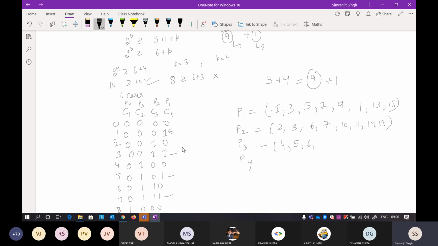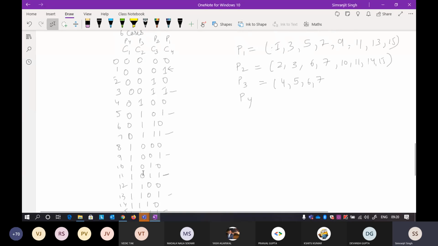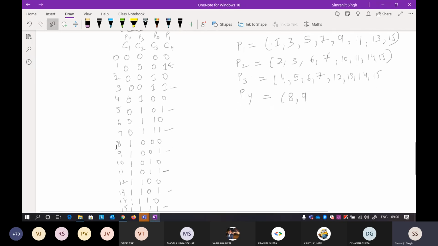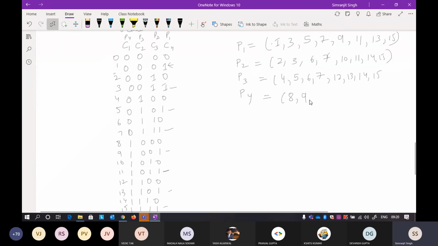If you want to go further than that, it is 12, 13, 14, 15. P4 will be, in this particular case, 8, 9. But if you want to extend it, it will be 8, 9, 10, 11, 12, 13, 14, 15.